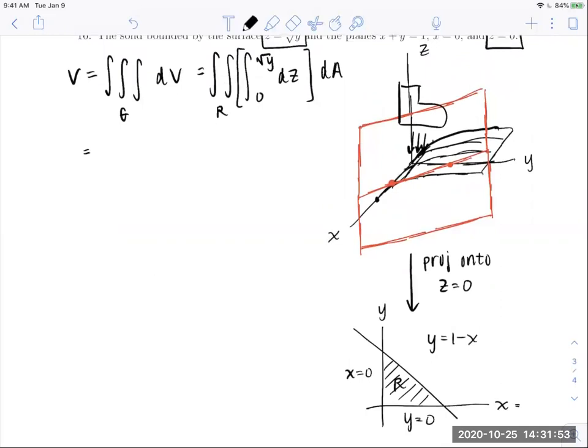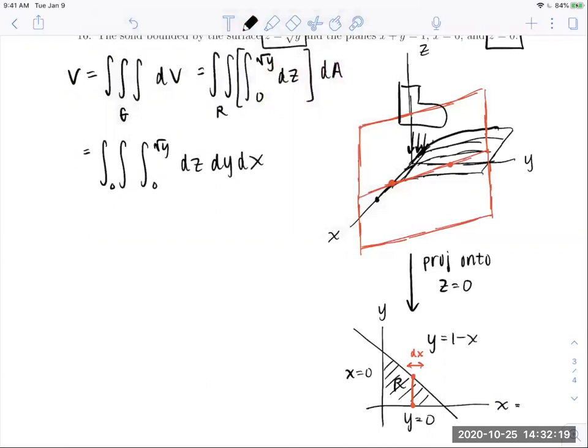And so you decide whether you want to do horizontal or vertical slices. You could do either, but I think vertical is probably going to be a little bit easier. So my thickness is in the x direction. This tells me that I want to integrate with respect to y and then x. So I'm going to fill in here 0 to the square root of y, dz, dy, dx.